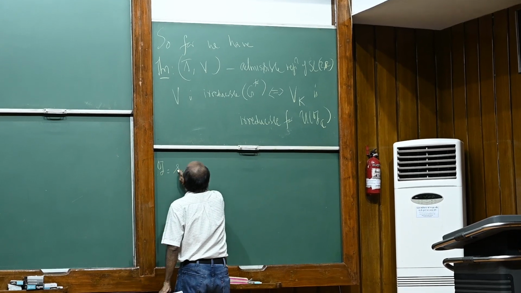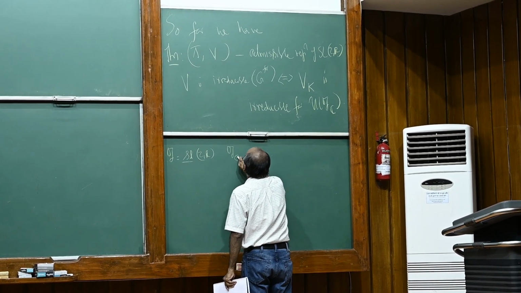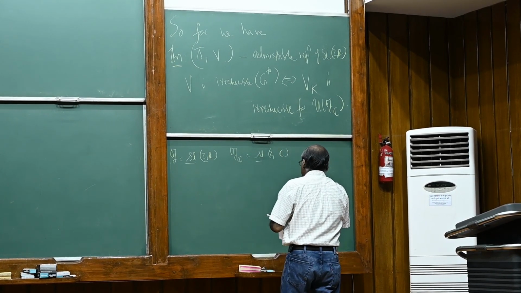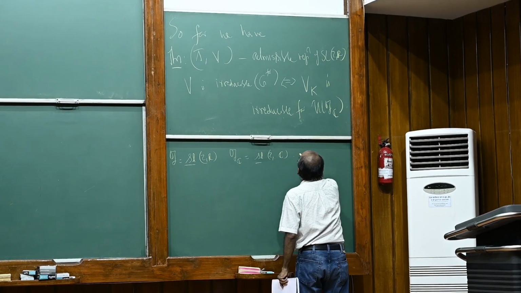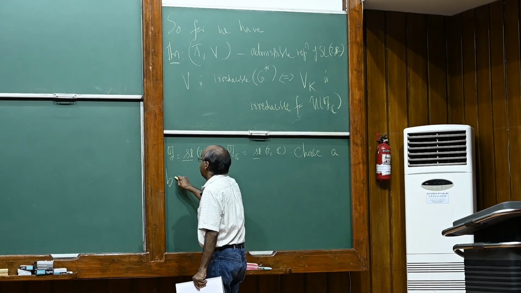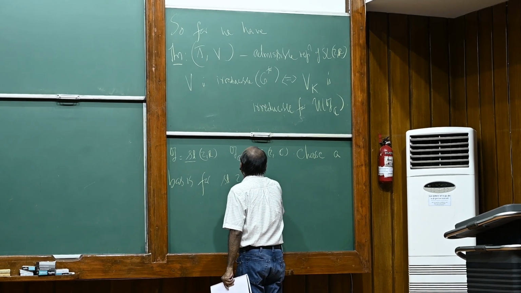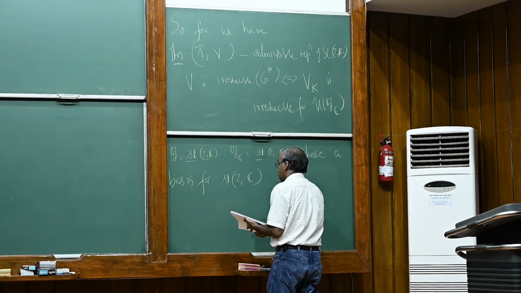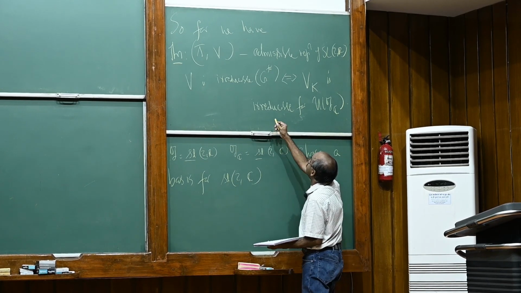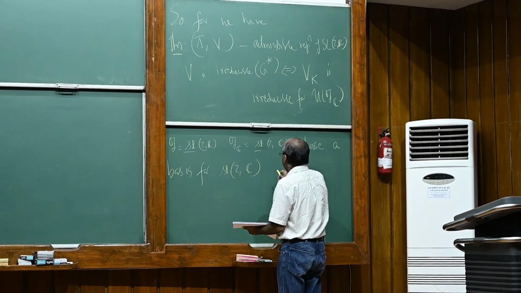So g is the Lie algebra of SL2R, and g_C is the complexification, so this is SL2C, and we choose a basis for it. The matrix expressions are not needed; the bracket relations are what is more important.